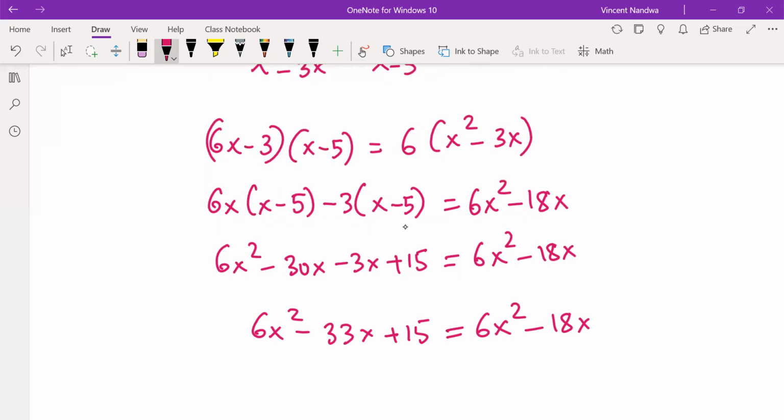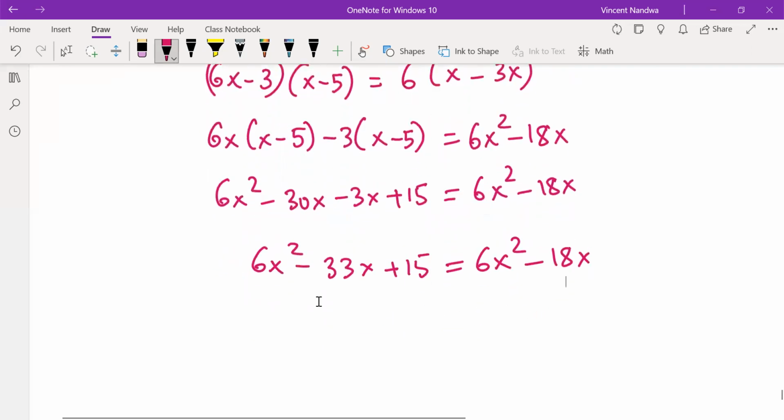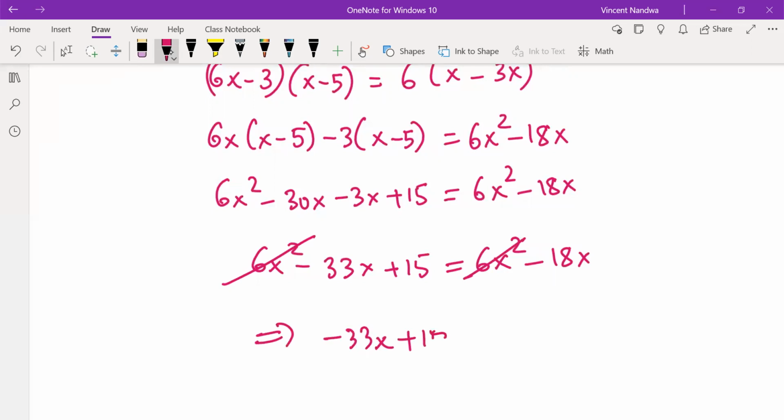Now, 6x squared is on both sides and with the same sign, so it cancels out. So canceling this out, we'll have minus 33x plus 15 equals minus 18x.